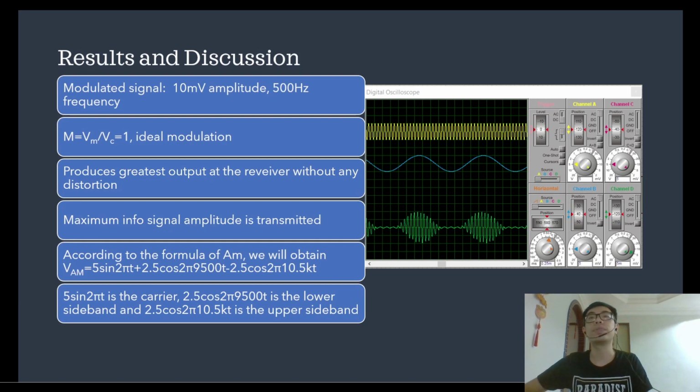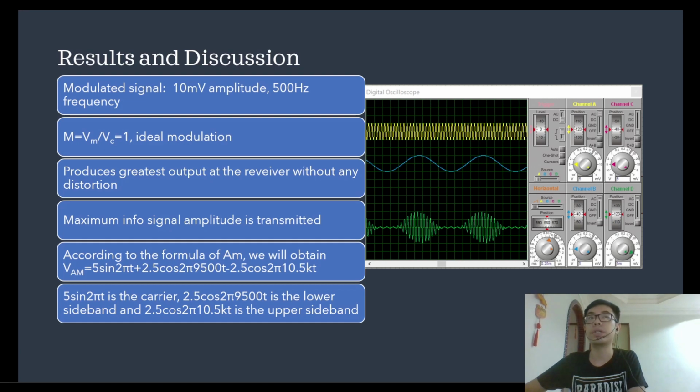As we know, the formula of amplitude modulation is VAM equals Vc sine 2 pi fc t plus Vm over 2 cos 2 pi (fc minus fm) t minus Vm over 2 cos 2 pi (fc plus fm) t.